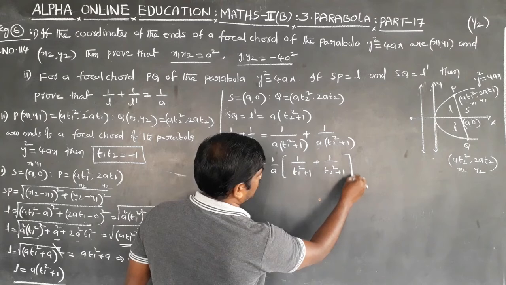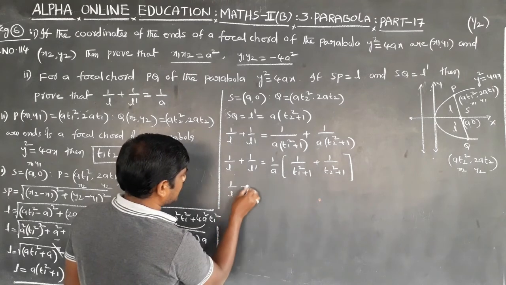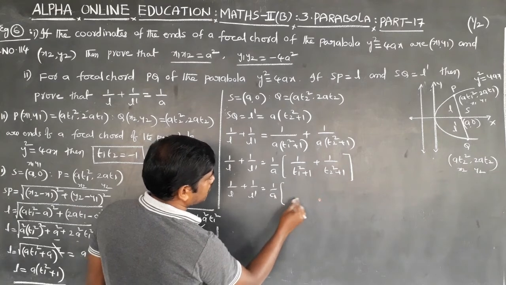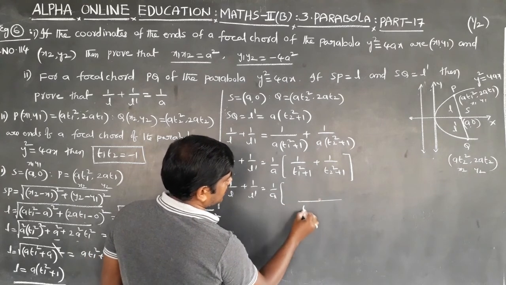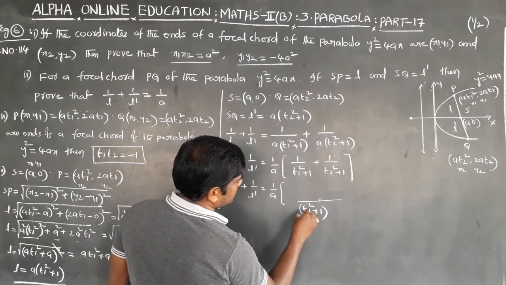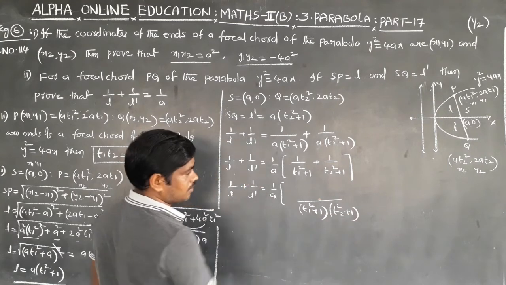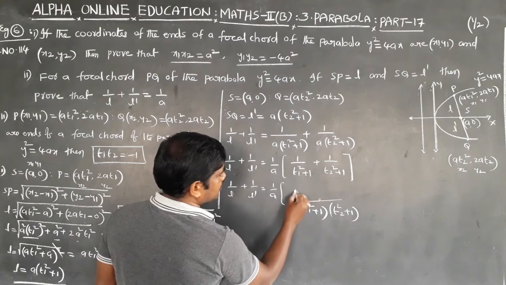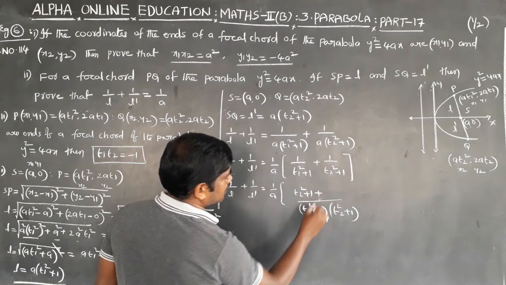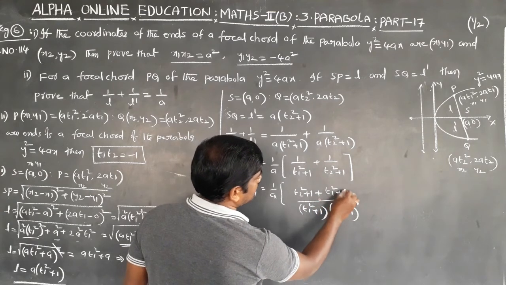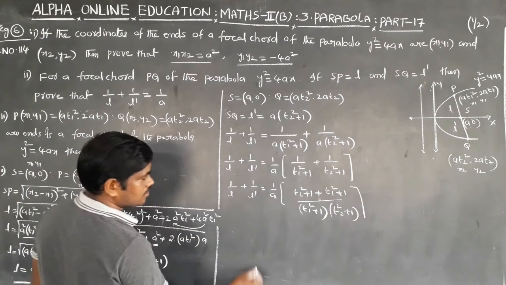Taking LCM, (t1 square plus 1) into (t2 square plus 1): 1 into (t2 square plus 1) plus 1 into (t1 square plus 1).